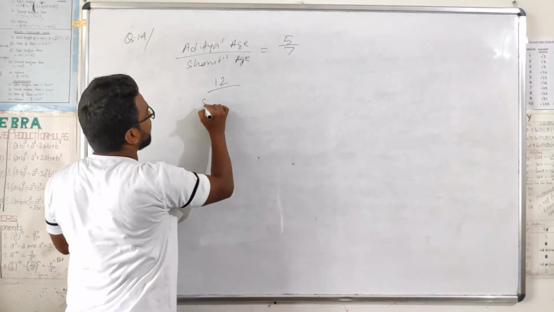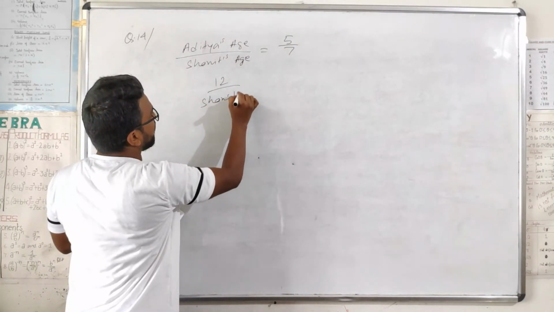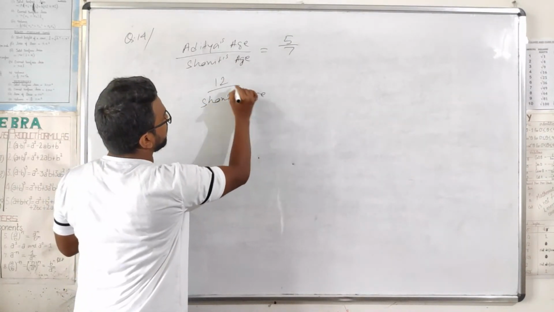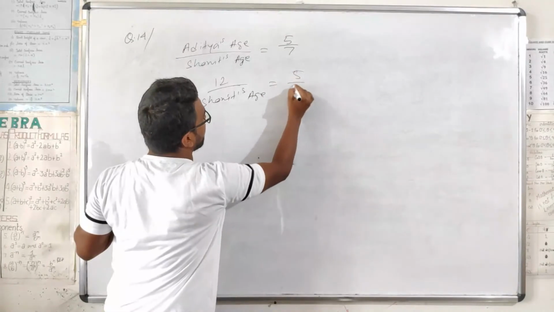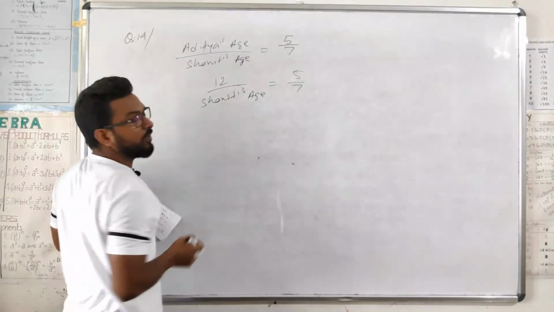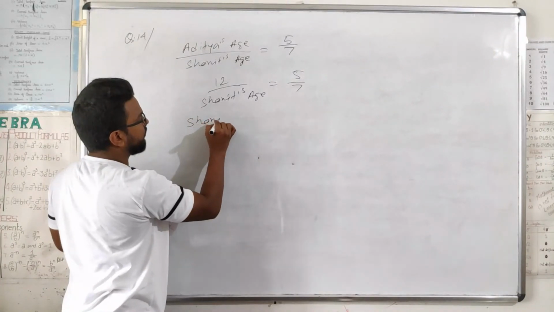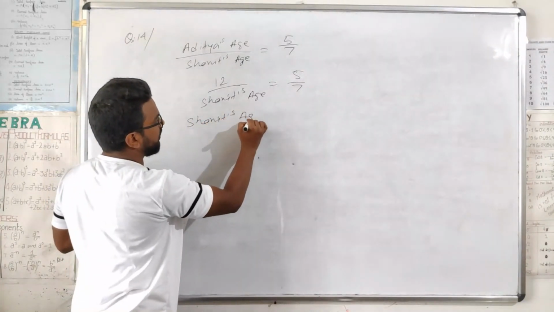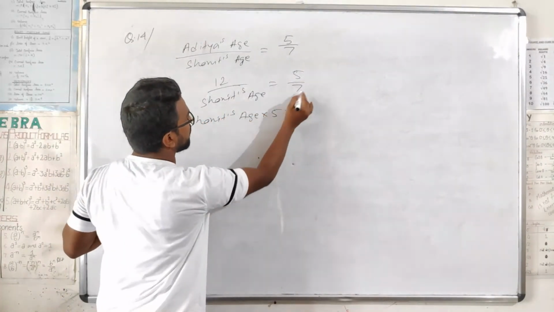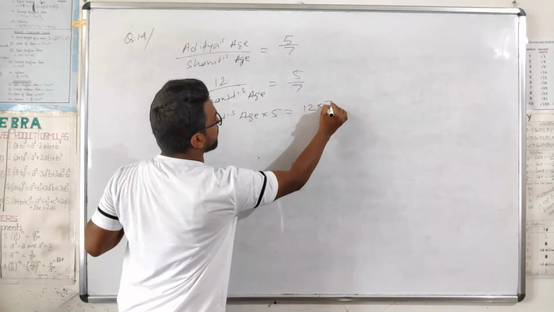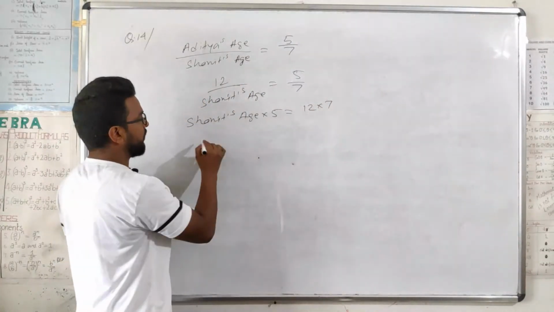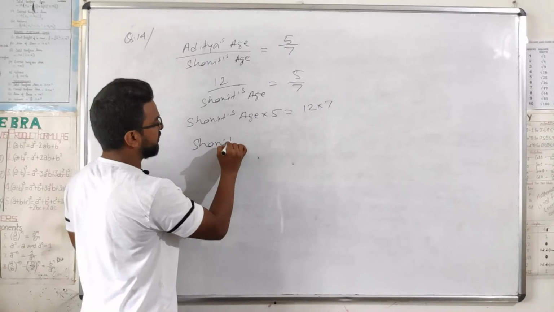So we'll write first is given 5 is to 7. The ratio of Aditya age and Sonit age is given 5 is to 7. And the age of Aditya is given how much? 12. So you just write down 12 by Sonit age is equals to 5 by 7. So you just cross multiply. So if you cross multiply, it will become Sonit age into 5 is equals to 12 into 7. Fine. So what will be Sonit age?